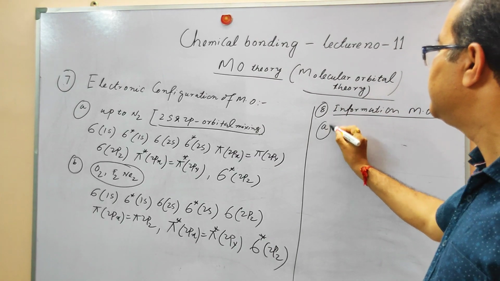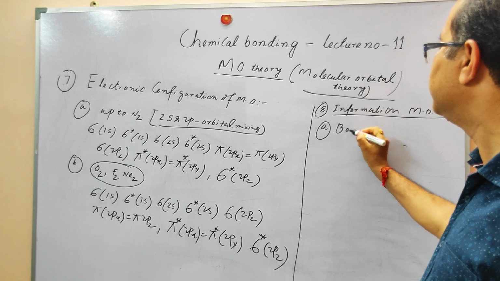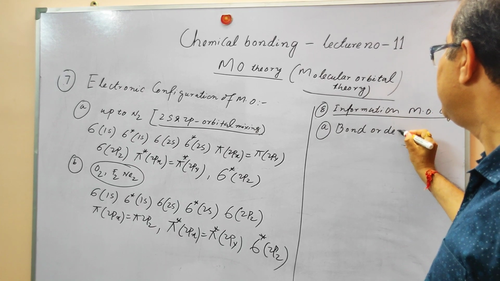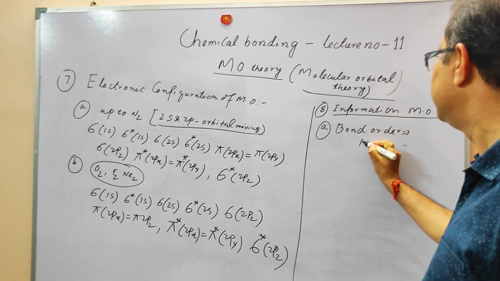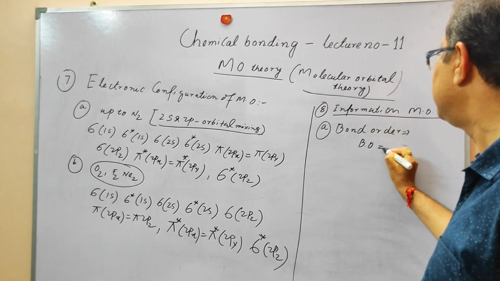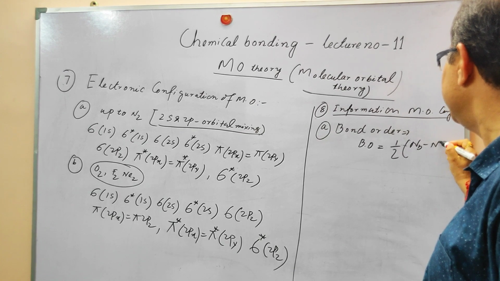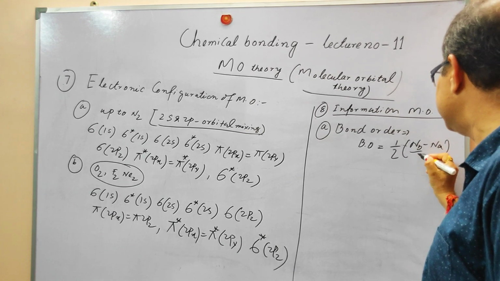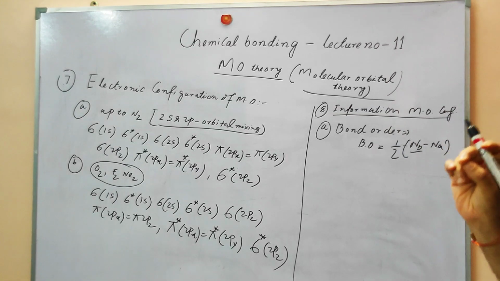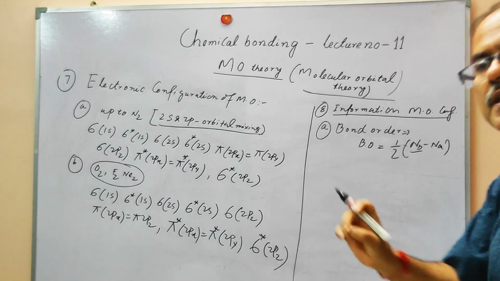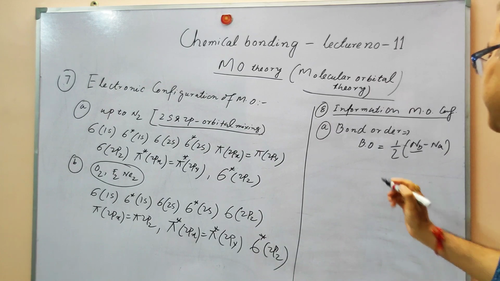Number one is the bond order, a very, very important thing. Bond order, BO, is equal to half of (NB minus NA). NB is the number of electrons in the bonding molecular orbitals, and NA is the number of electrons in the anti-bonding molecular orbitals.